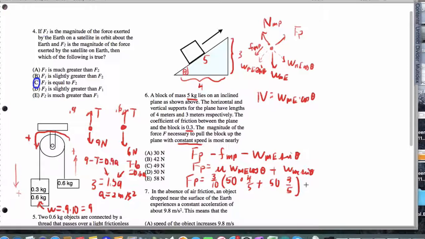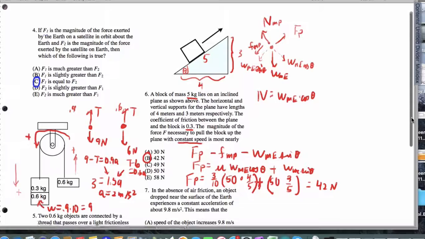And actually I need to be clear in my parentheses. The parentheses go here and here to separate this out. So when we actually work this out, this part is 12 and this part is 30. So I'm getting a total of 42 newtons worth of force.